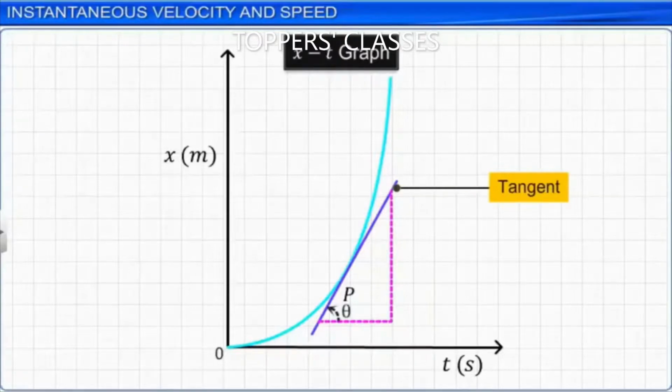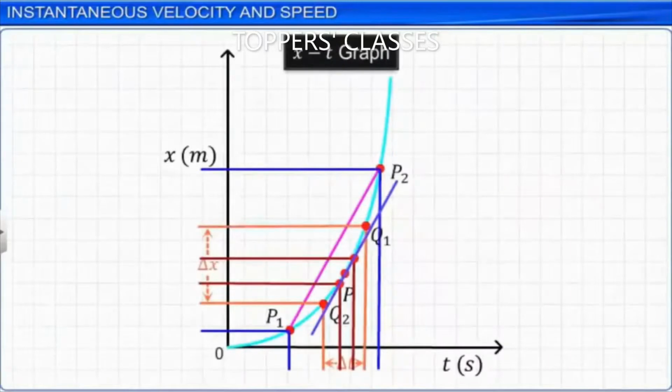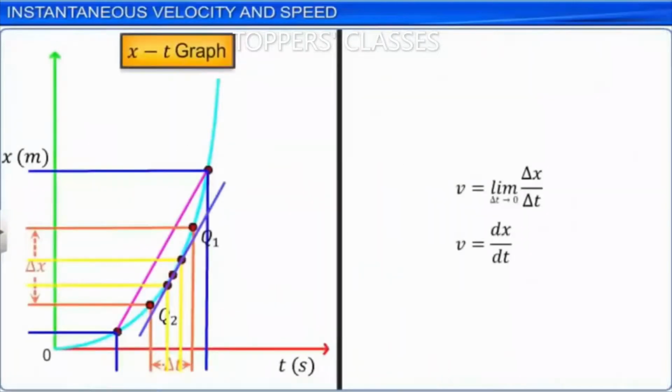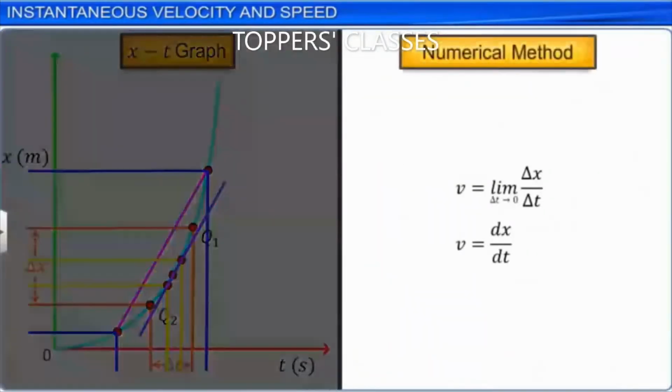This graphical method of finding the instantaneous velocity at any point is cumbersome. Therefore, we generally use the numerical method using calculus for finding the instantaneous velocity at any point.